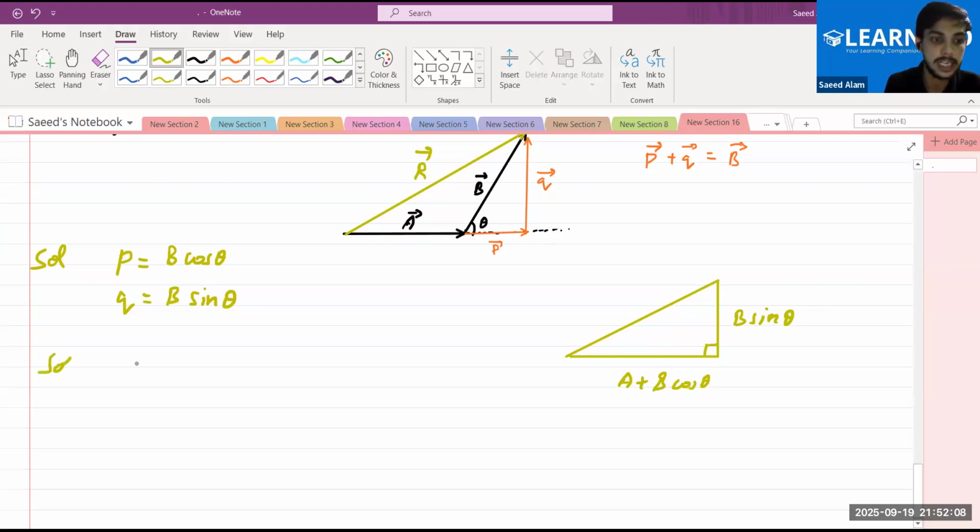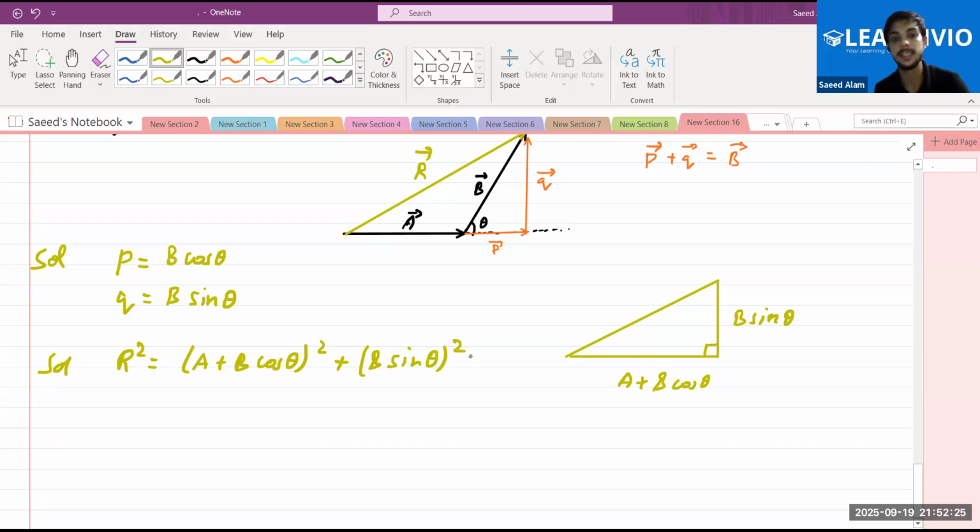Okay. So ultimately, if I need to find out R, R square will be (A plus B cos theta) whole square plus (B sin theta) whole square. Yes or no? Will it be this? Yes. Okay. If we open this up, A plus B cos theta whole square, what will I get?